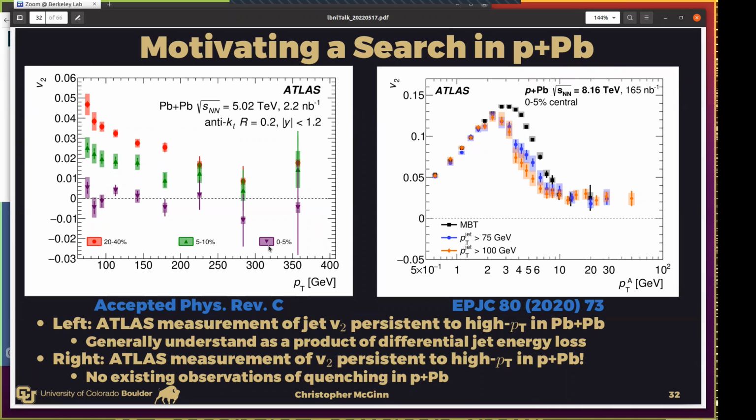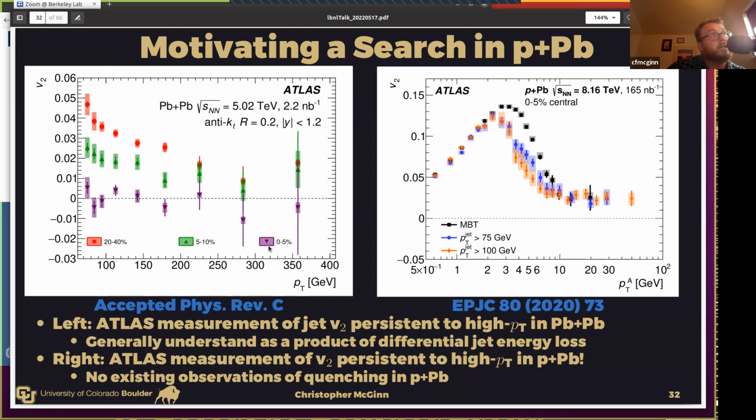What do you mean by pT associated? It is a v2 in events with high pT jets, between the jets and all the particles in the event binned in the associated particles.